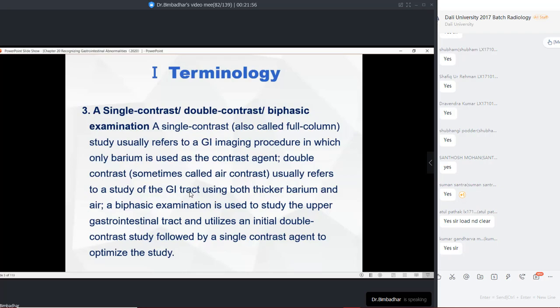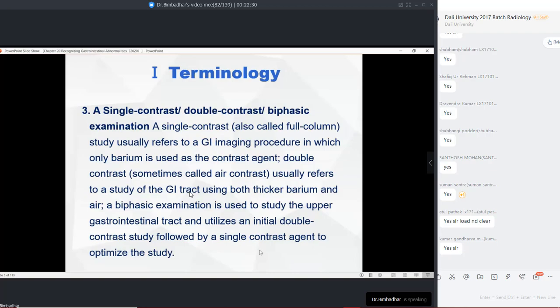But the third examination, a biphasic examination, is generally used to study the upper GI tract and utilizes an initial double contrast followed by a single contrast agent to optimize the study. See, the only difference is that in a biphasic examination we initially use a double contrast study, which means we are using both air and barium first, and then we give the single contrast agent.